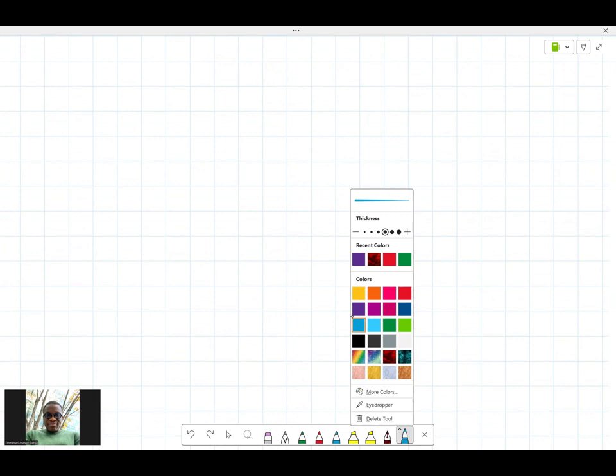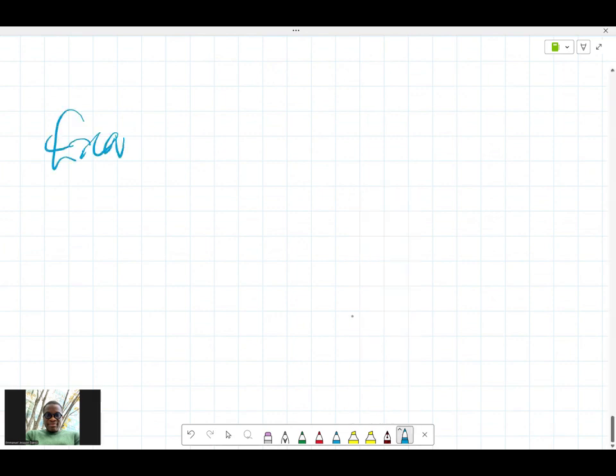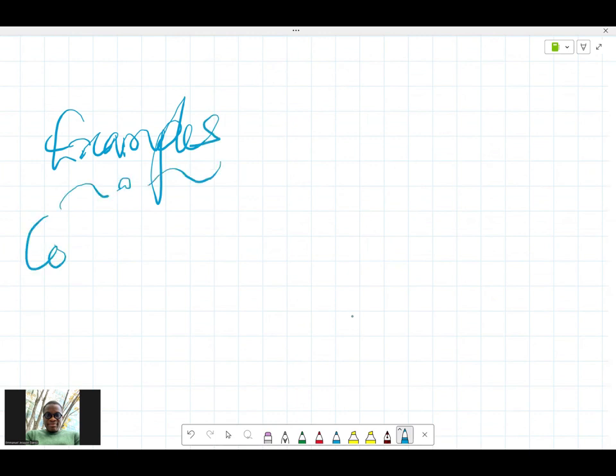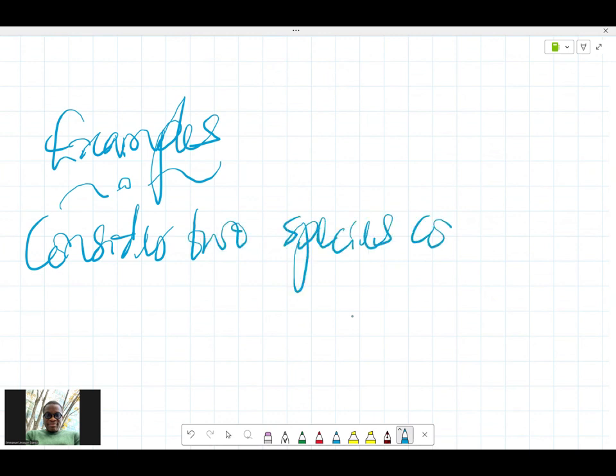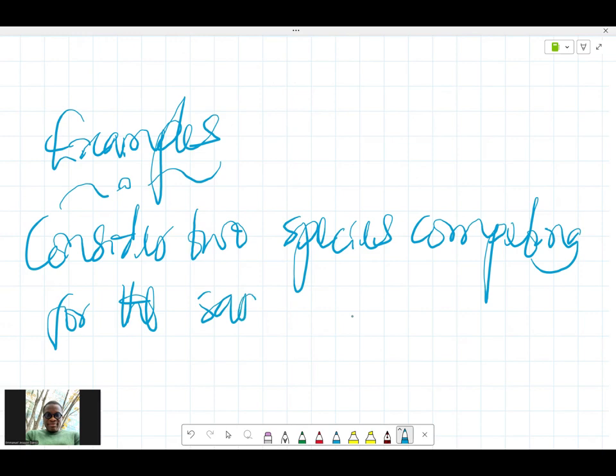So consider two species competing for the same resource.